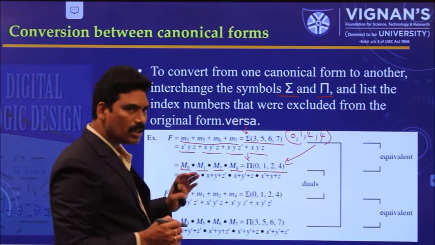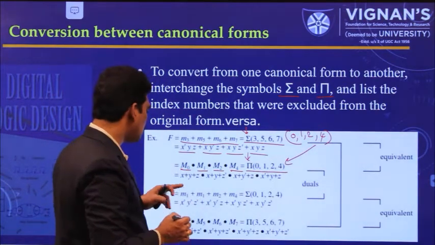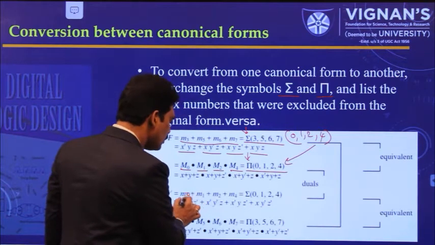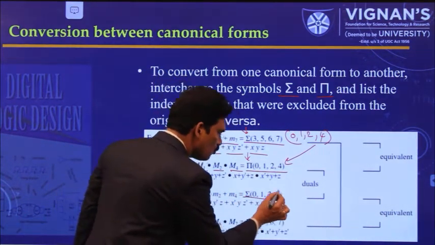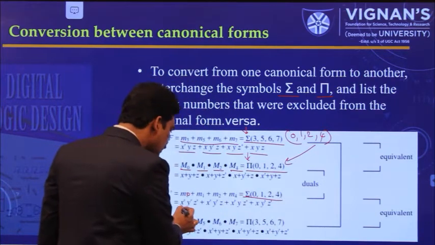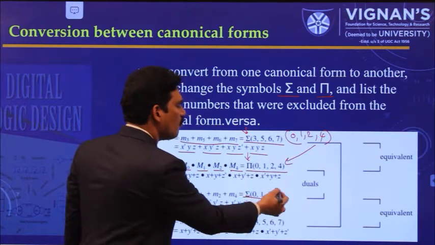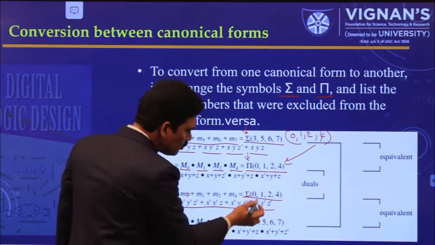Another one is, if we have this F complement, now the symbols are M0, M1, M2, M4 and sigma 0, 1, 2, 4. This is represented like this, and we know this one. If it is sigma 0, 1, 2, 4, how to convert this one?